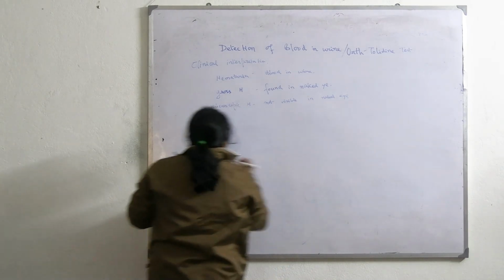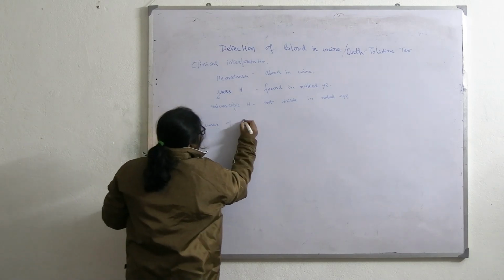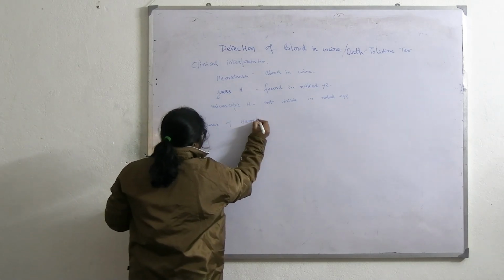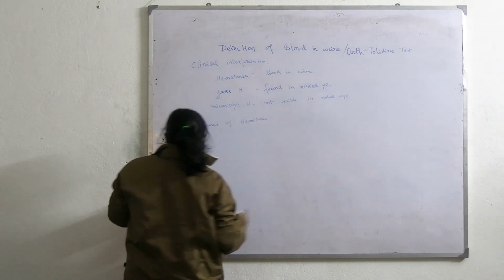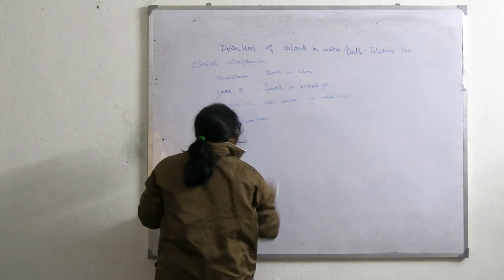What are the causes of hematuria? Bleeding in urinary tract.